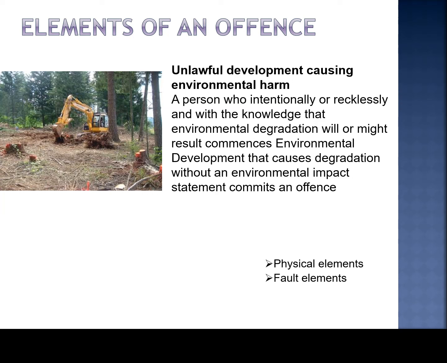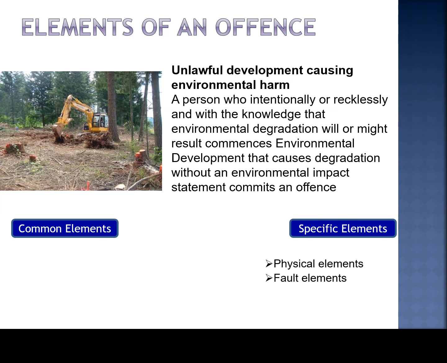There are different types of elements, as I discussed earlier. The first type of element is what's called common elements. Common elements are elements which are common to every offence. They exist in every offence and must be proven.